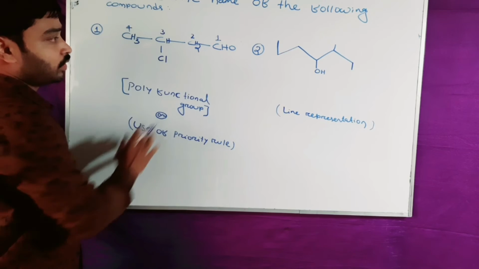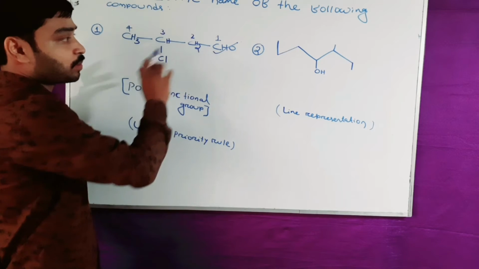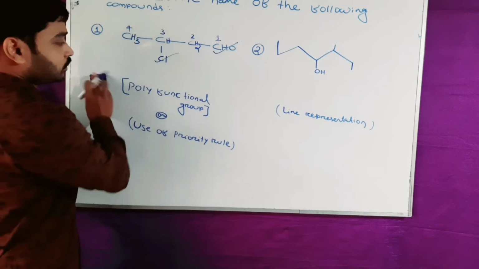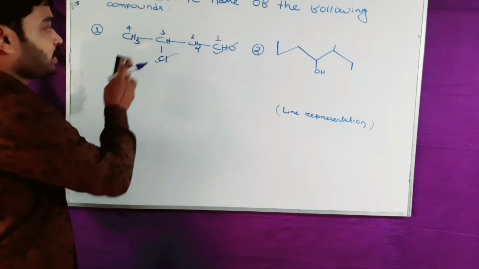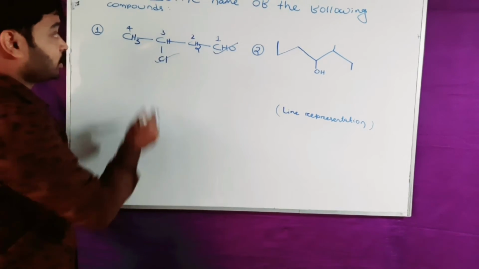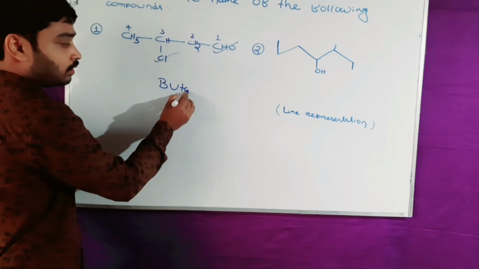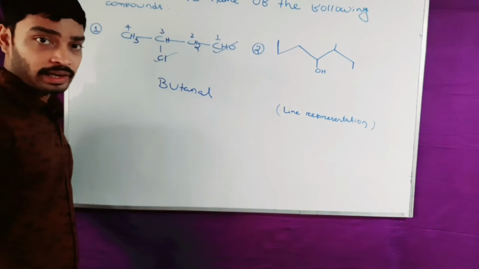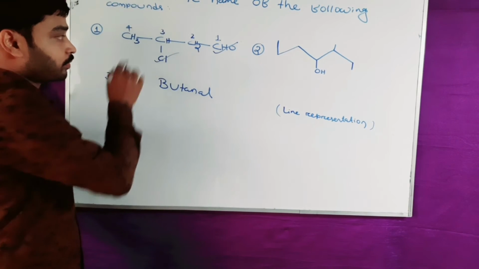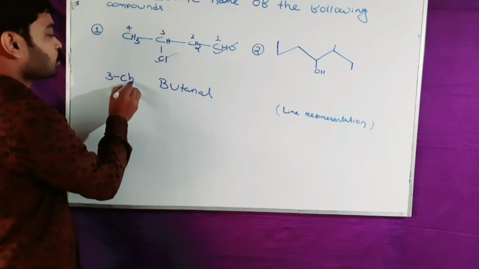After that, we know that we always use the suffix for the senior functional group and prefix for the junior functional group. The main chain contains 4 carbons and the senior functional group here is aldehyde, so the parent chain will be butanal, and the number 3 position contains the halogen, so the substituent name will be 3-halo, that means 3-chloro.